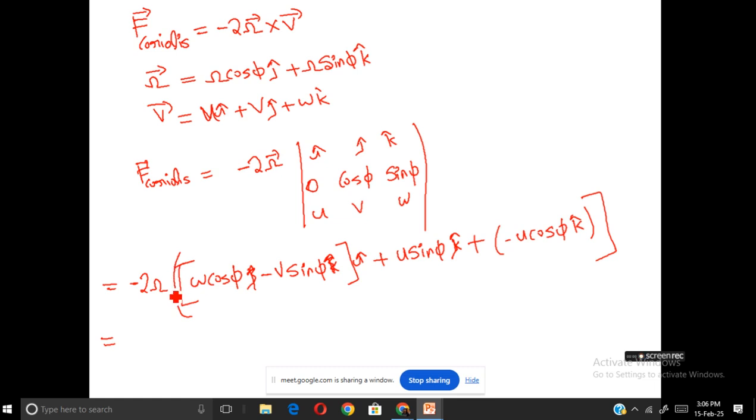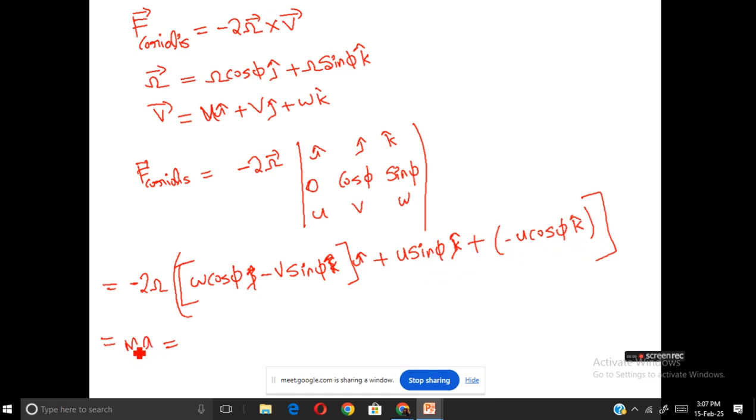So this was the Coriolis force component-wise. Along the i direction it has two terms, omega cos phi minus v sin phi, then u sin phi along the j direction, and minus u cos phi along the k direction. These are the three different components of the Coriolis force. If the Coriolis force is written as mass into acceleration, then ma is minus 2 omega into (omega cos phi minus v sin phi) i plus u sin phi j minus u cos phi k.